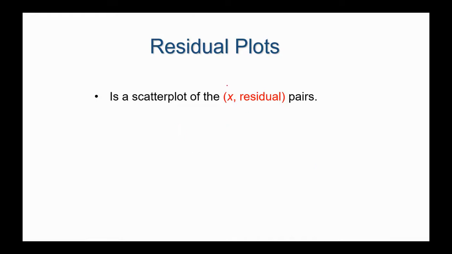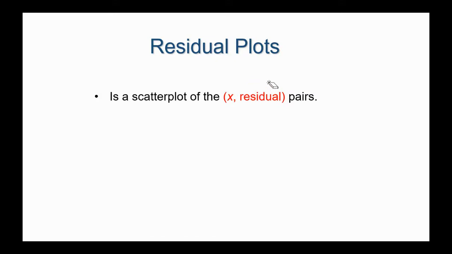For instance, on our chart, the first point would be 6.94, negative 14.76. Then we would plot the point 5.23 and negative 3.10. So it's a scatter plot of those points.